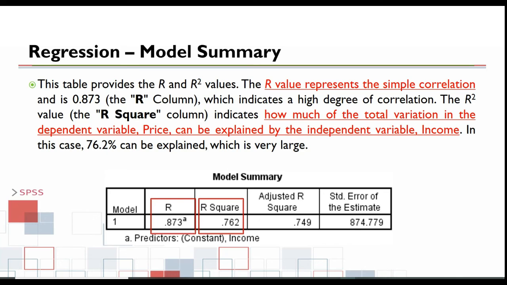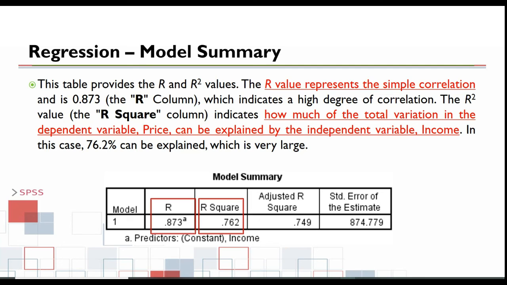In this regression output, the first table is the model summary. This table provides R and R square values. The R value represents the simple correlation. Just now we had Pearson correlation, remember?